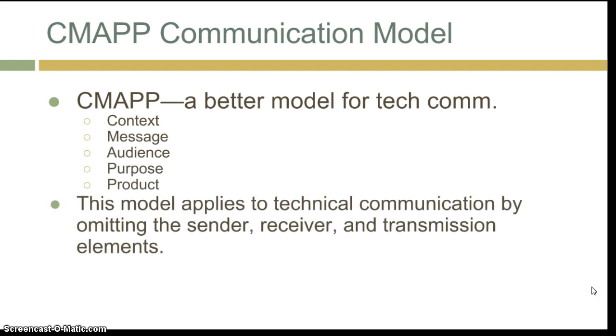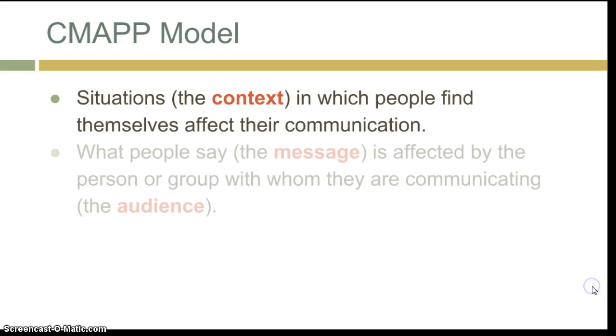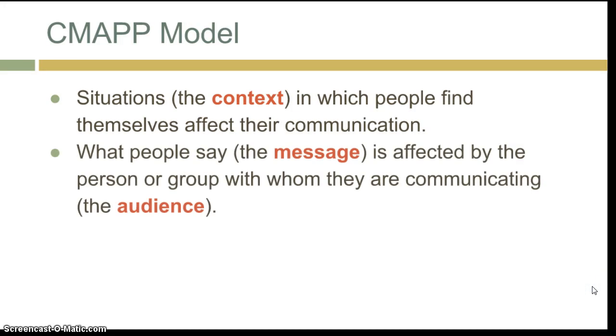This model applies to technical communication by omitting the sender, receiver, and transmission elements. Instead, we look at things like situations or contexts in which people find themselves and how those affect their communication stream. What people say, the message, is affected by the person or group with whom they are communicating, which is the audience.